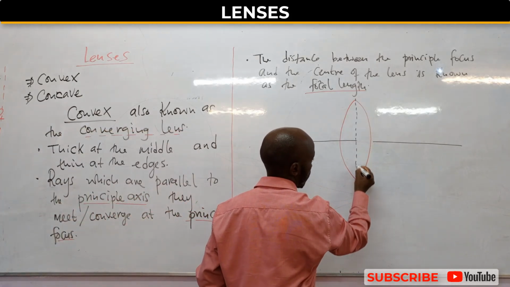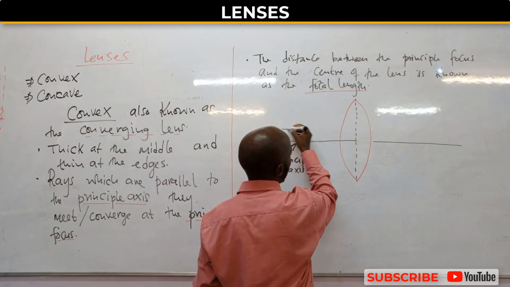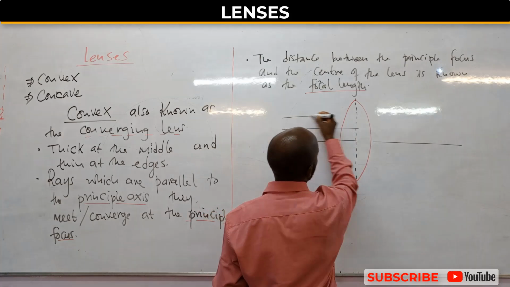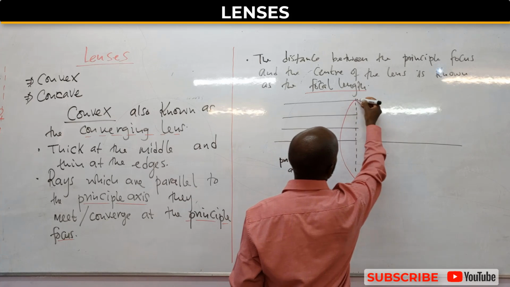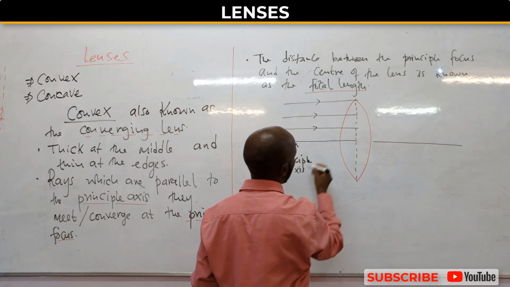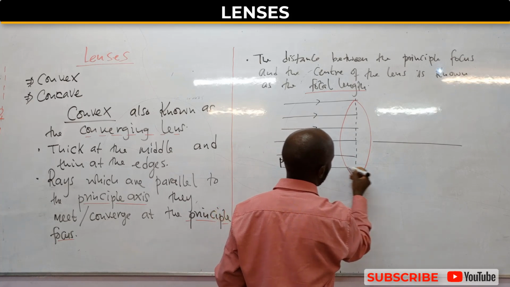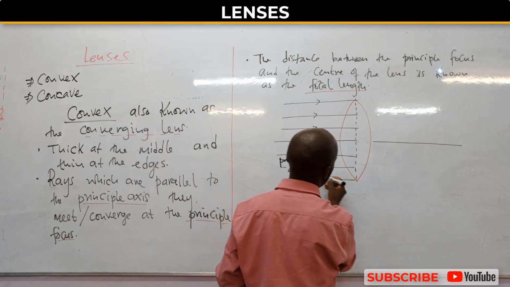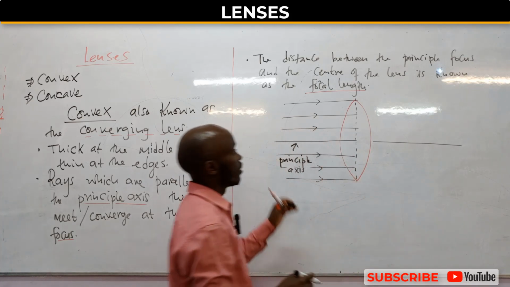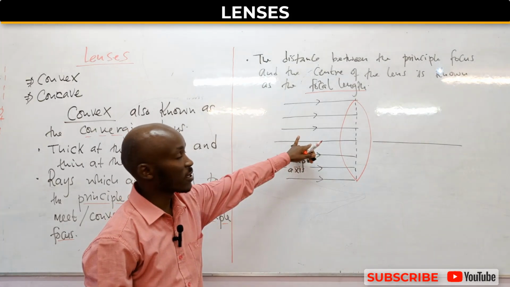Now we said already, if all rays tend to be parallel, so this is the center of the lens. So if we can draw rays that tend to be parallel, let's draw them on both sides. So all these rays are parallel to the principal axis.